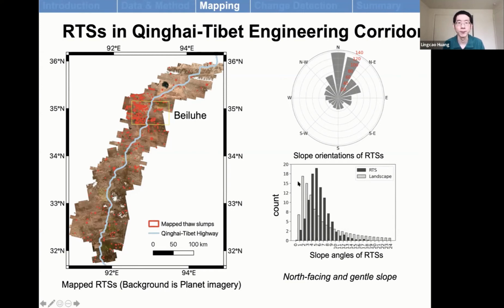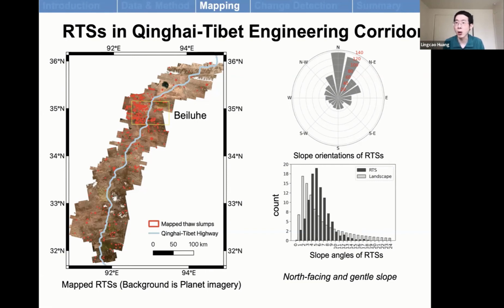Most of them are on quite gentle slopes; you can see most are on slope angles less than 20 degrees.